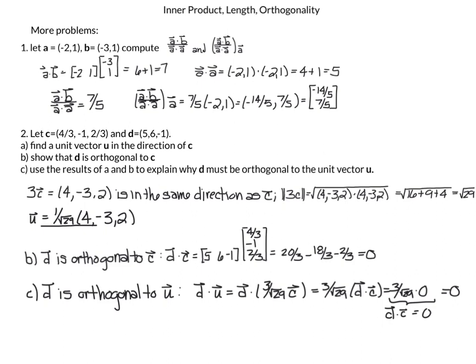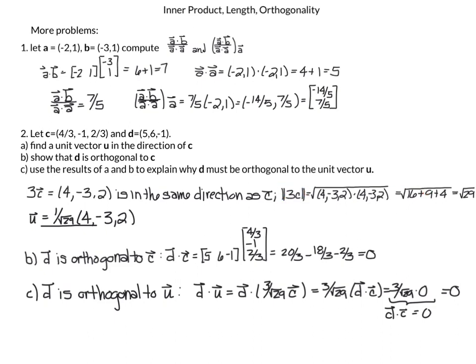Question 2, C is equal to 4/3, -1, 2/3, and D is equal to 5, 6, -1. Find a unit vector U in the direction of C. To simplify things, I can multiply C by 3. So 3C is equal to 4, -3, 2. And we know that's in the same direction as C because they're just scalar multiples of each other. Then I can divide 3C by the length of 3C to get a unit vector.